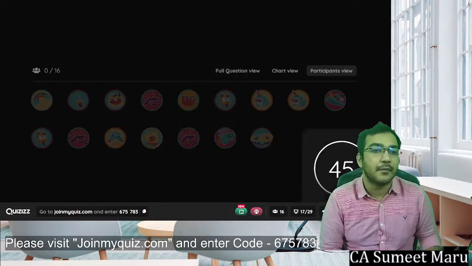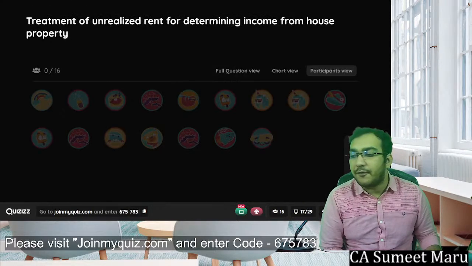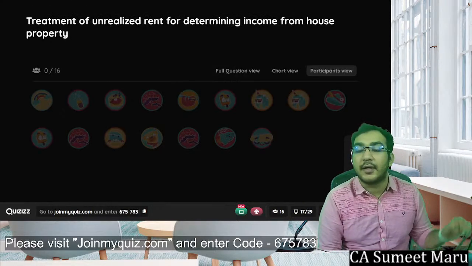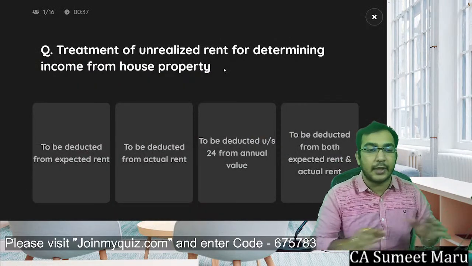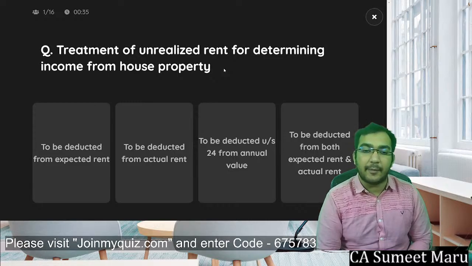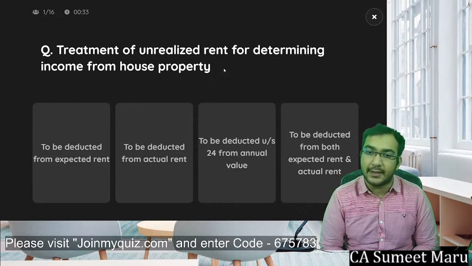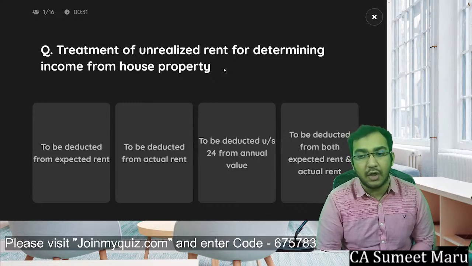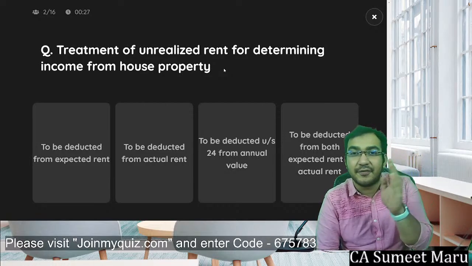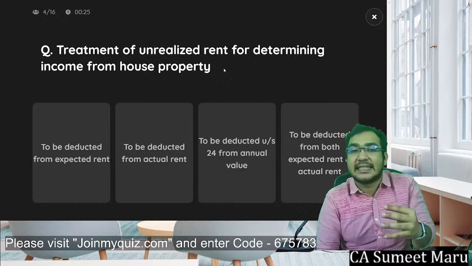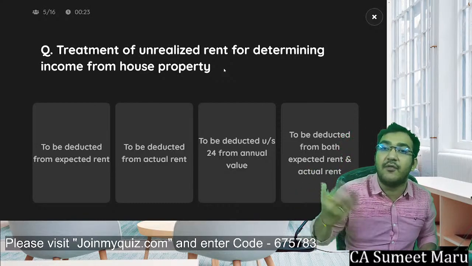Question number 17. Treatment of unrealized rent for determining income from house property. Unrealized rent, rent that you are not able to receive. To be deducted from expected rent, to be deducted from actual rent, to be deducted under section 24, to be deducted from both. Unrealized rent, if the rule 4 conditions are satisfied, we deduct it from where?